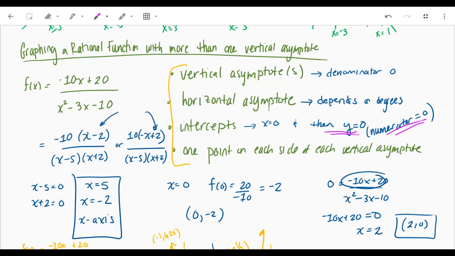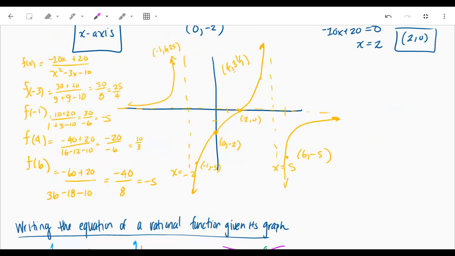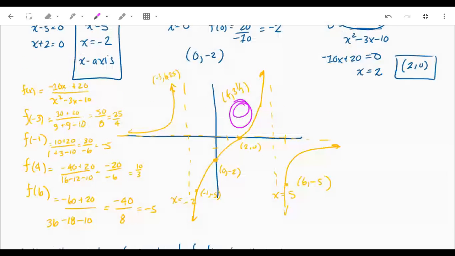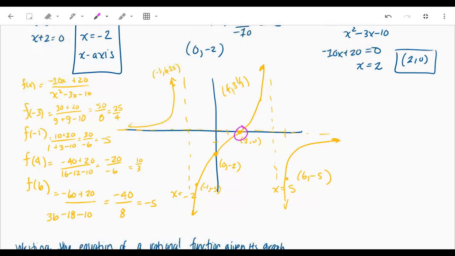And so we had one x-intercept, and it was right here. So we have two x-intercepts in this one.